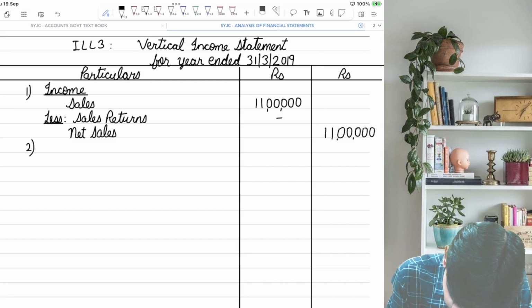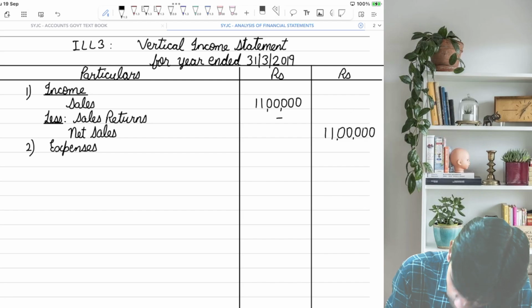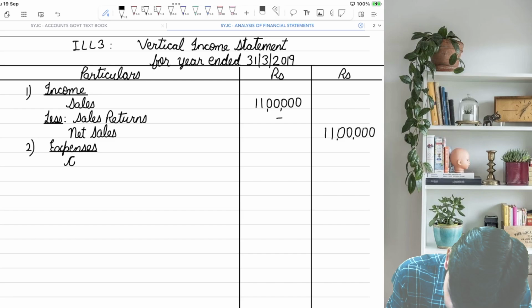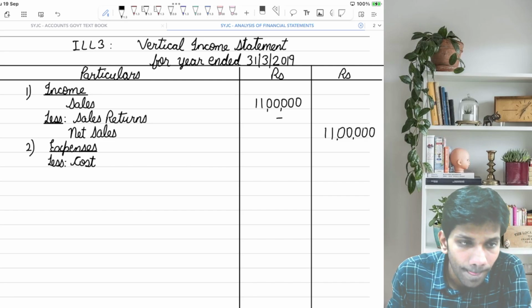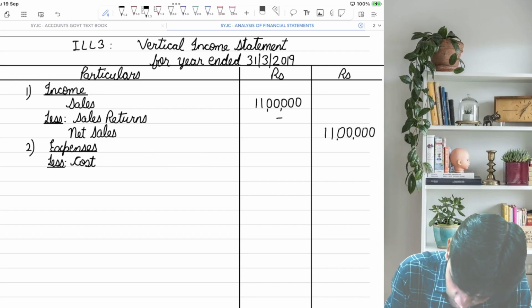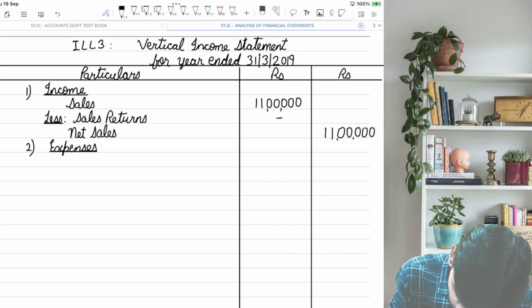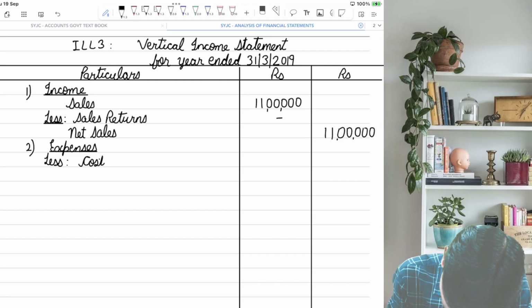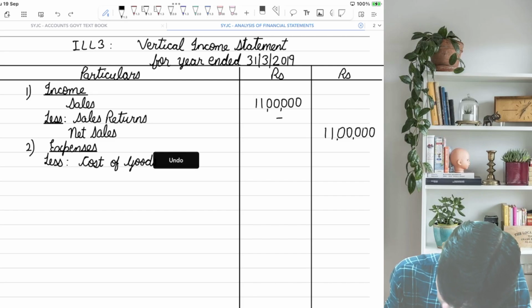Number 2, expenses. In expenses, we have cost of goods sold. Less cost of goods sold.